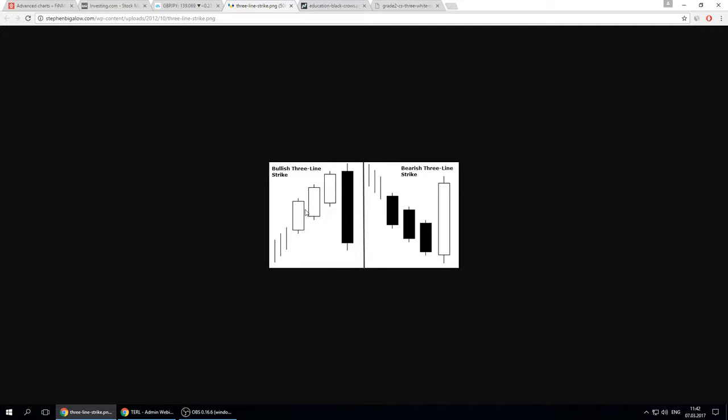What is similar with them? So we see that here we have this pattern, though it's called 3-line strike, it consists of 4 candles. So 3 of them should be the same color, and the price of each next candle should start within the body of the previous one, as we see here. The shadows shouldn't be long, and the closing price of each candle should be higher than the price of the previous one.